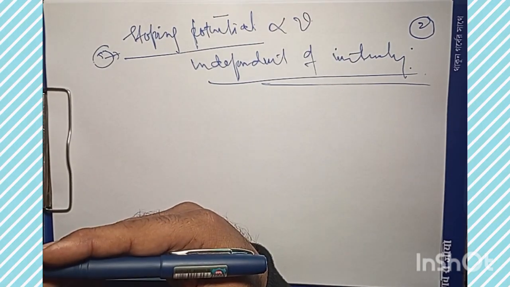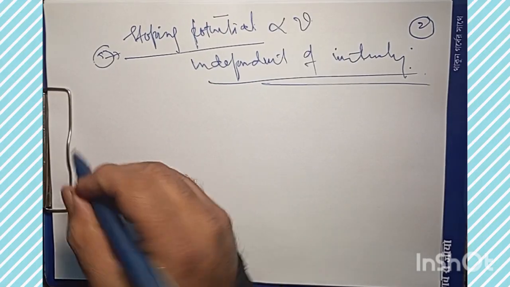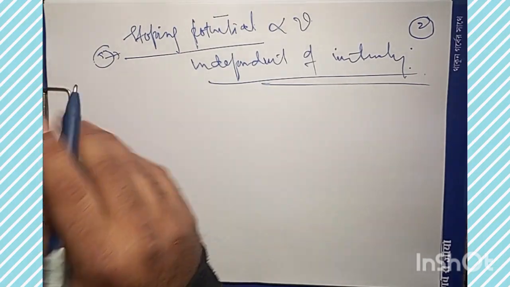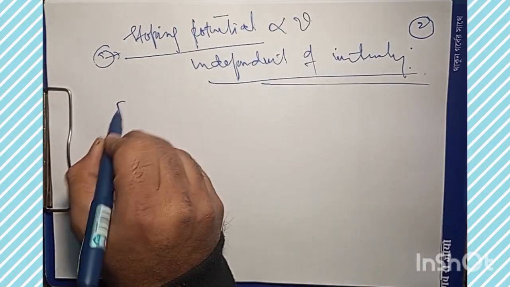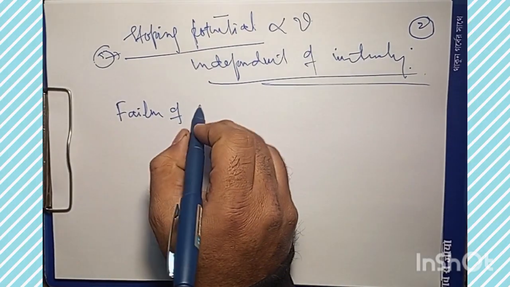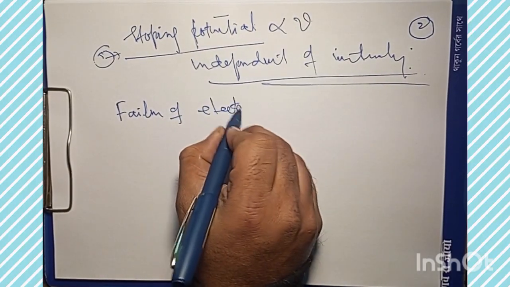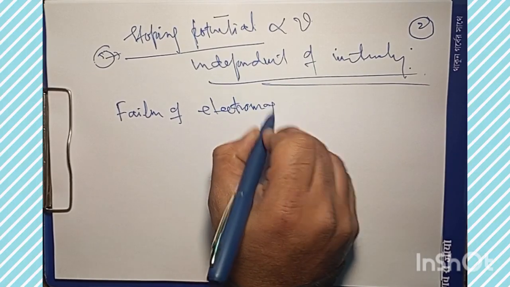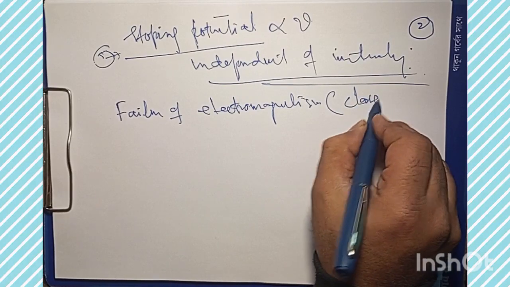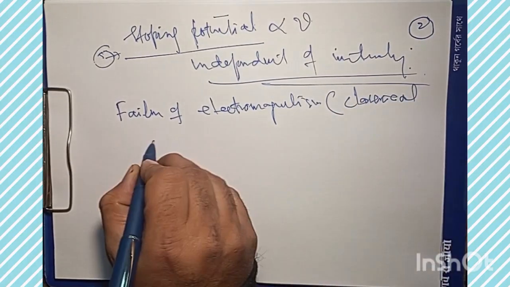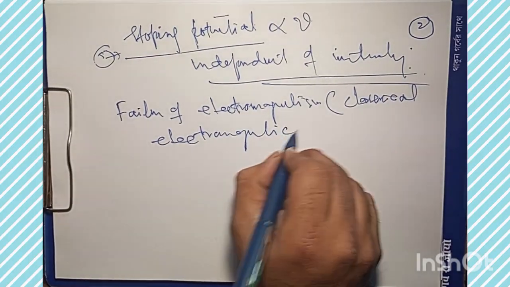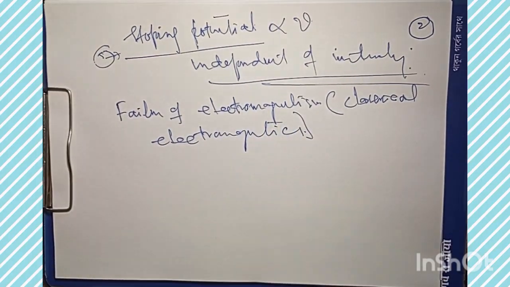Now, what comes next is the failure of classical physics. It's the failure of electromagnetism in general, classical electromagnetism, which is based on classical laws of physics, Newtonian laws of physics.